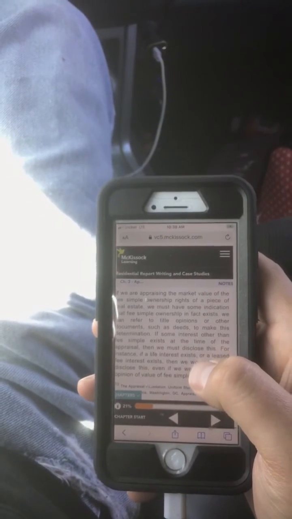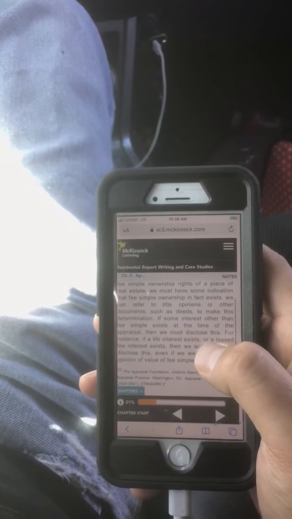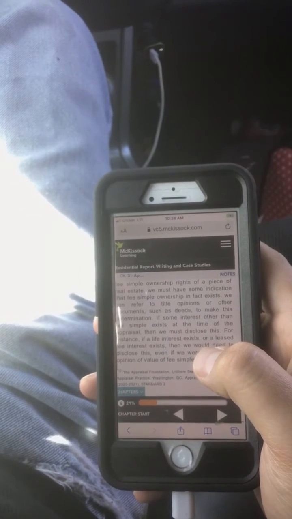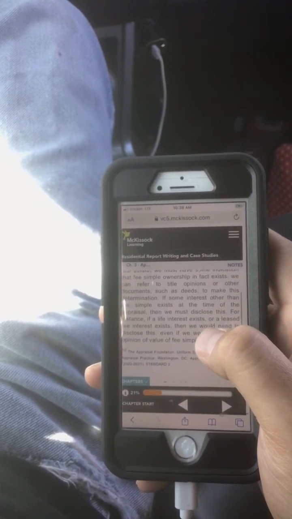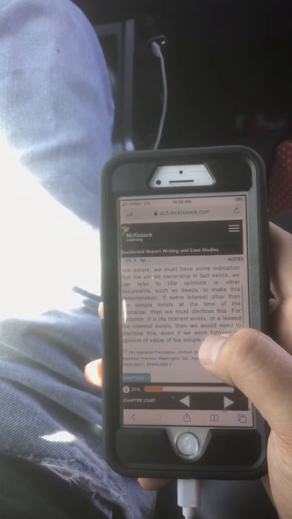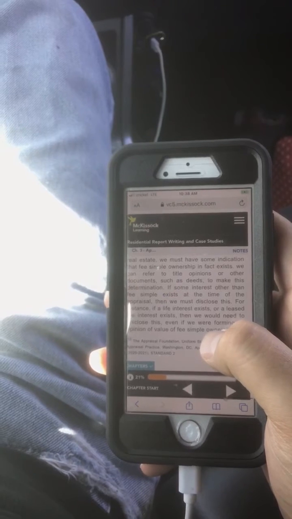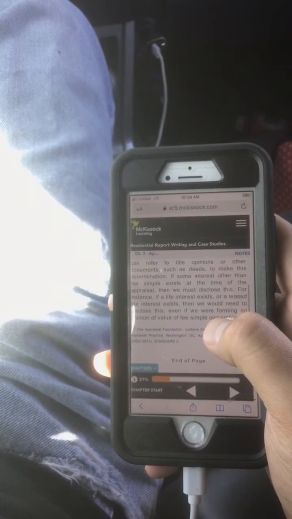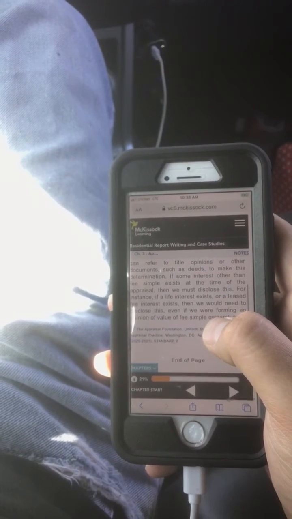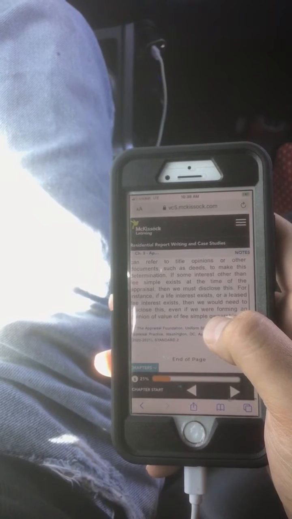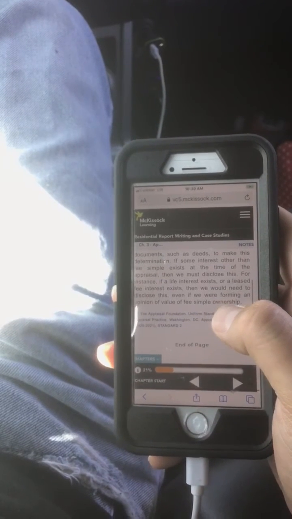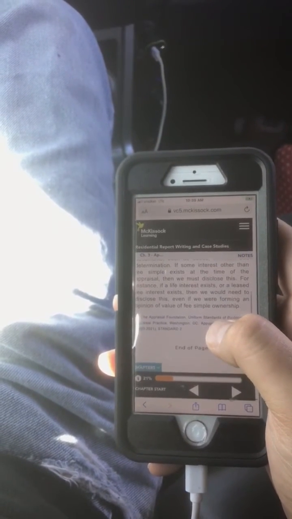If we are appraising the market value of a fee simple ownership rights of a piece of real estate, we must have some indication that fee simple ownership in fact exists. We can refer to the title opinions or other documents such as deeds to make this determination.